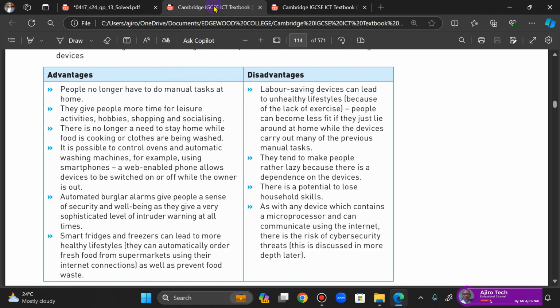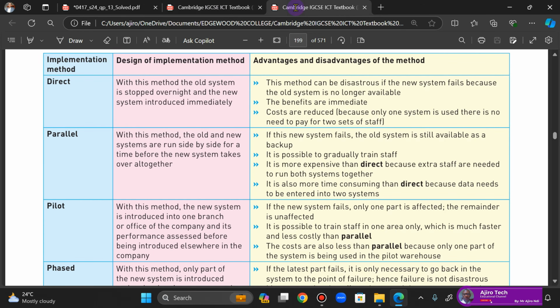We can see that if the new system fails, the old system is still available as a backup.